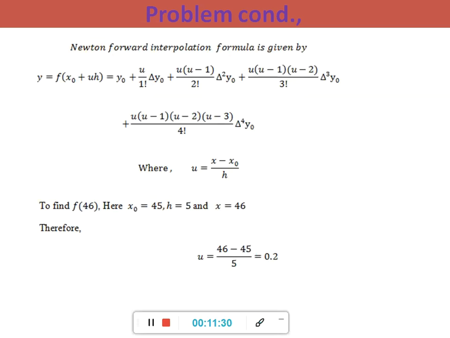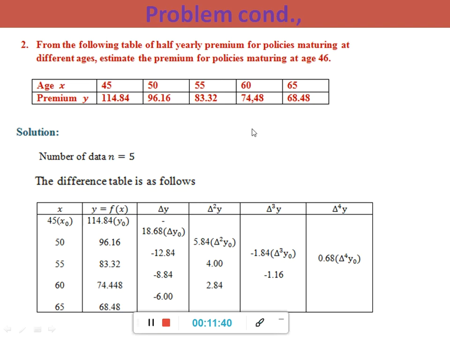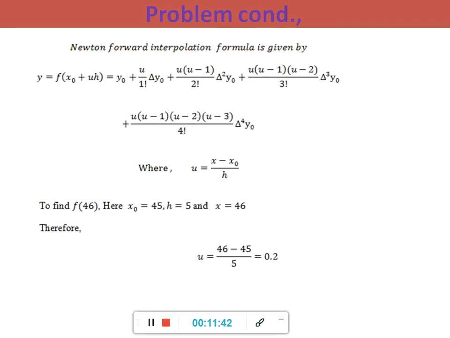Now the Newton forward interpolation formula is given by, so write the formula here. This time the formula is up to del power 4 y naught because we have forward differences up to del power 4. y equal to y naught plus u by 1 factorial del y naught plus u into u minus 1 by 2 factorial del square y naught, up to the fourth order difference. Same thing, u equal to x minus x naught by h.